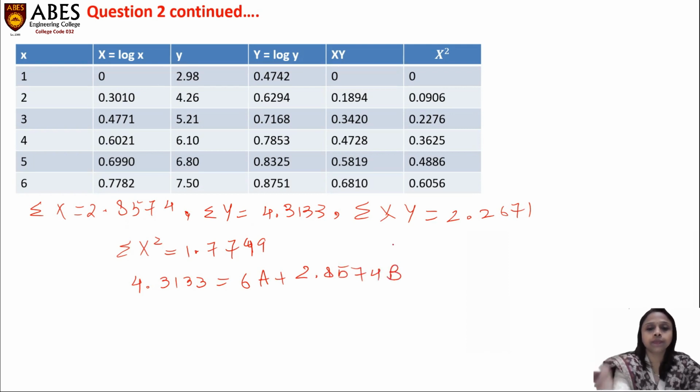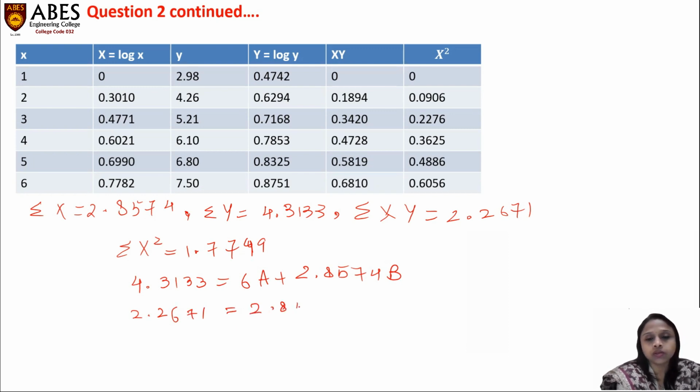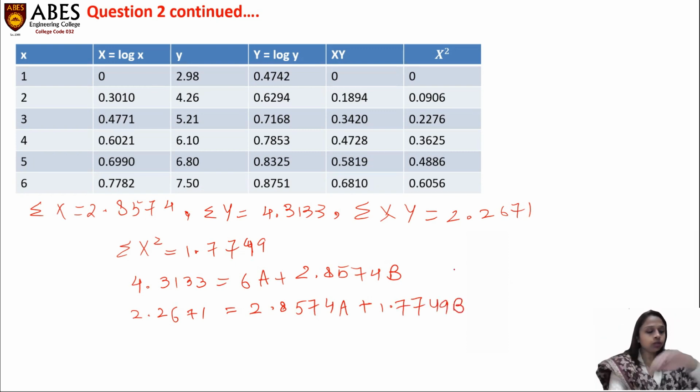2.8574b. Then we have 2.2671, which is equal to 2.8574a plus 1.7749b. Now, since the terms are pretty large, we can solve it by cross multiplication method.